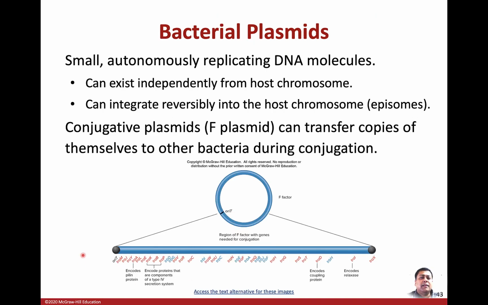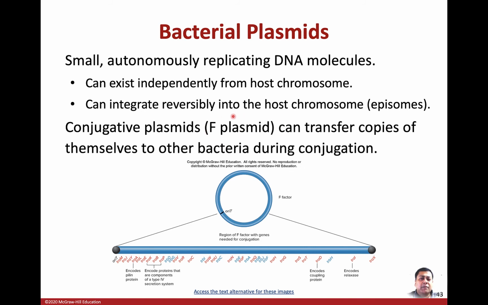The first thing is that a bacterial plasmid is a small, autonomously replicating DNA molecule, and it can exist independently from the host chromosome. It also can integrate reversibly into the host chromosome, and in that case it is called an episome. Now, this conjugative plasmid is a particular type of plasmid we call an F plasmid.